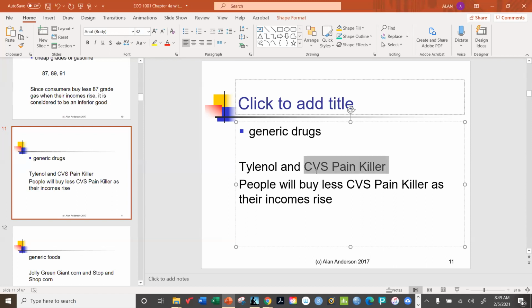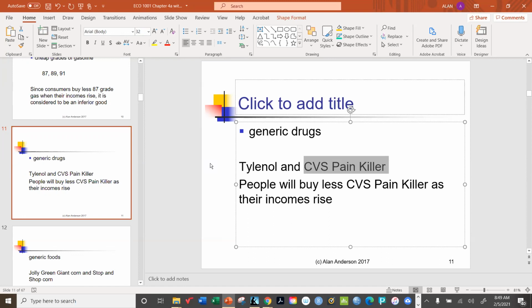It's not that CVS has its own little factory in the back of the store. They're getting it from somebody else, but they're putting their own name on it so that people who really and truly don't want to spend the extra money can have the painkiller from CVS. So again, it's a very profitable arrangement for both the manufacturer and the store.